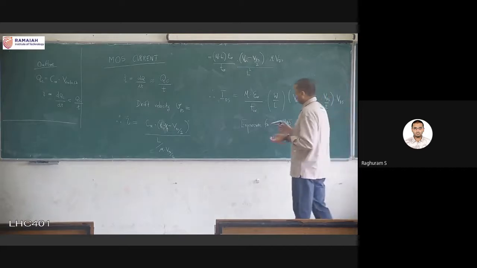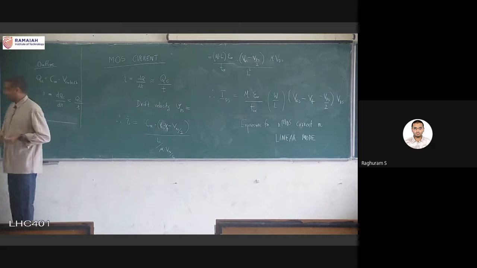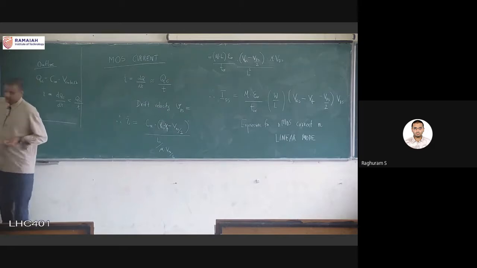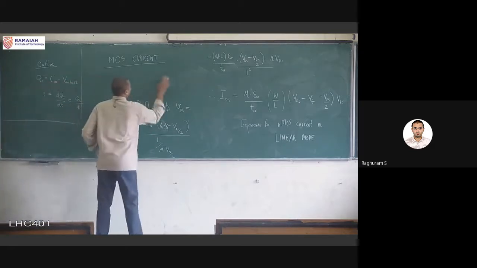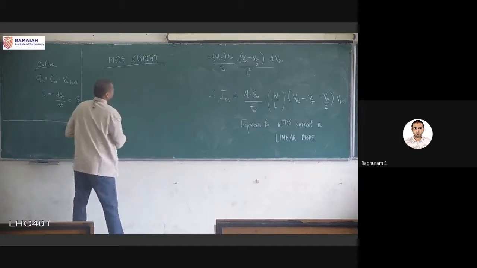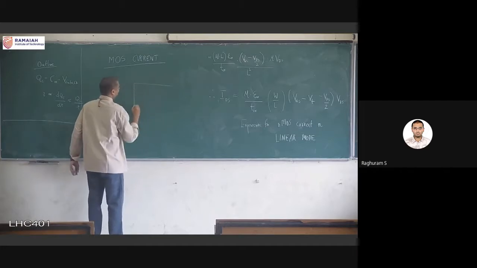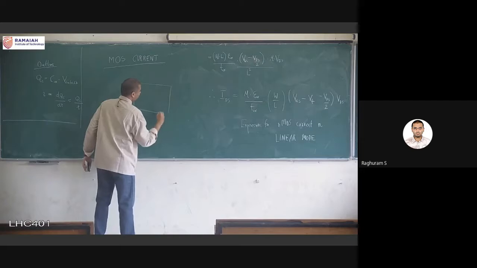Now slight modification, like I said, we will not have to worry too much. It is a very easy conversion from linear to saturation. So what happens in saturation mode? For that, we just draw this diagram just to understand how we can convert this equation.